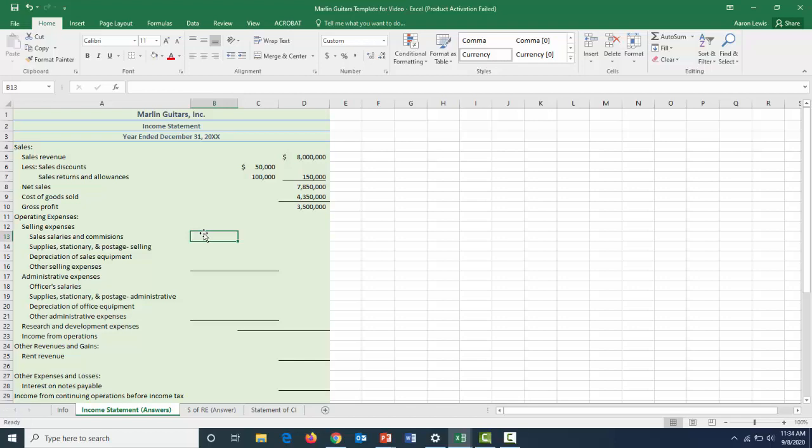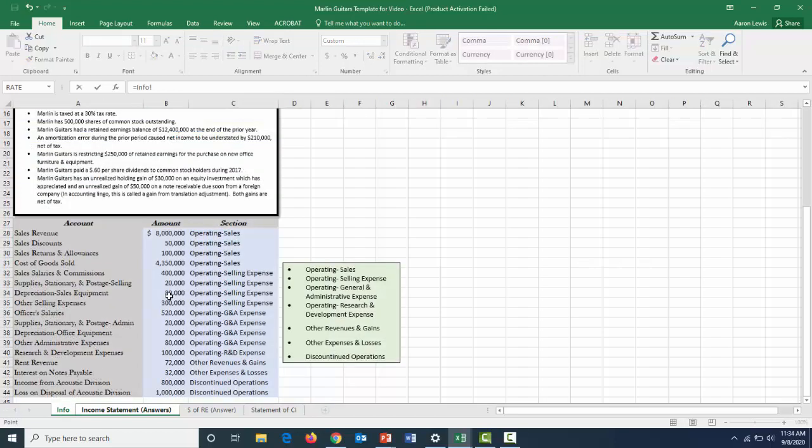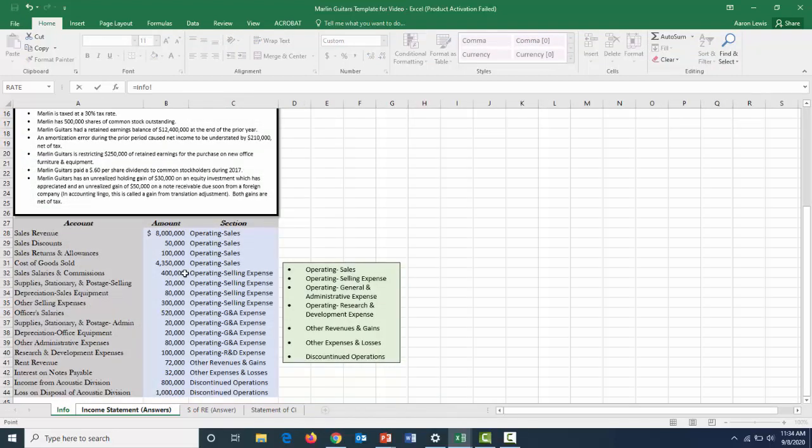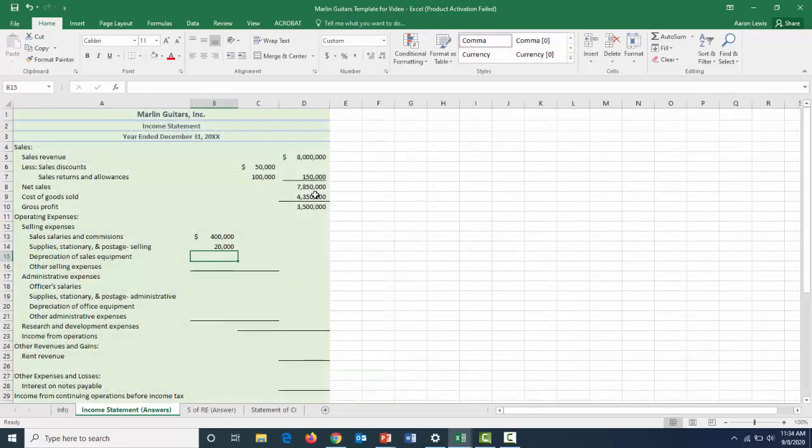First thing that we have is our sales salaries and commissions. So we're going to find that information, and we're going to see that they had $400,000 worth of sales salaries and commissions. Next expense they had was supplies, stationery, and postage related to selling. So we're going to find that number. That was $20,000 given in the information. We had depreciation on our company's sales equipment.